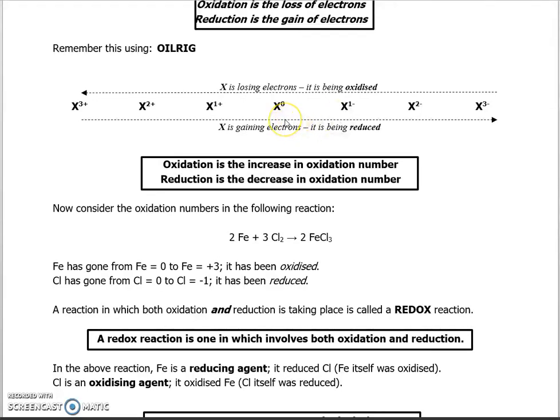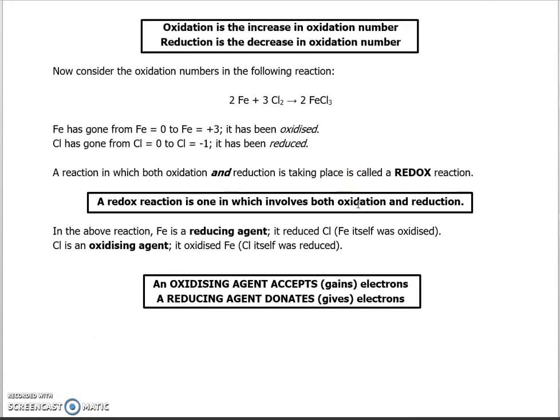Or the way I like to think about it is that the oxidation number has been reduced. Okay, so here's an example. Iron plus chlorine to give iron chloride. Both the iron and the chlorine are in their elemental states, so they're both oxidation number 0.